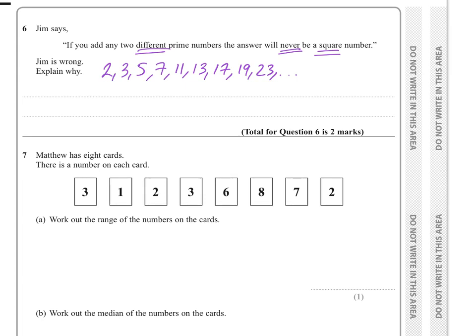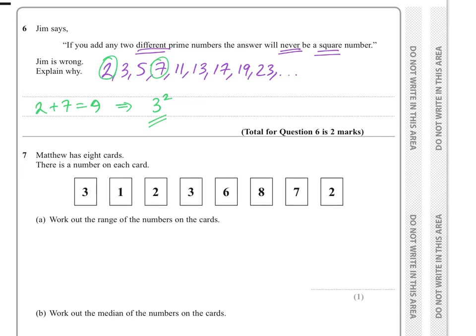Then can we add two of those numbers together that are prime, different ones, and if we get a square number, then we've shown that Jim is wrong. And I can see one staring out at me here, 2 and the 7. Well, that definitely makes 9. So 2 and 7 is 9, and that is 3 squared.